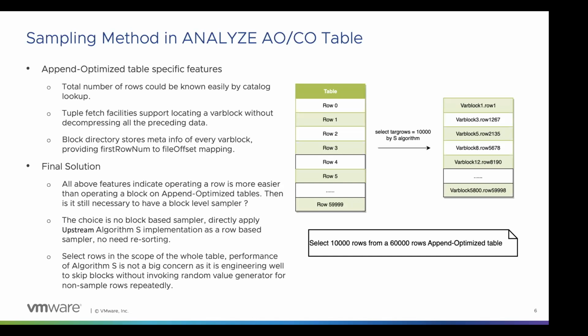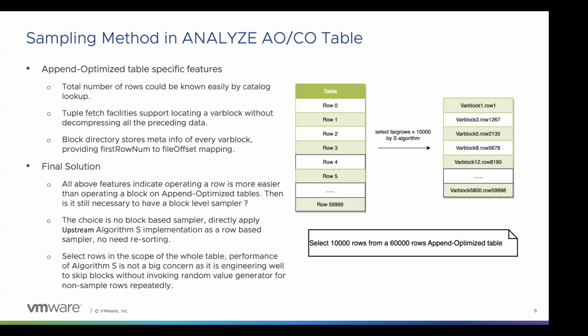And we could also leverage the block directory, because the block directory stores some meta information of every var block, providing first row number to file offset mappings.